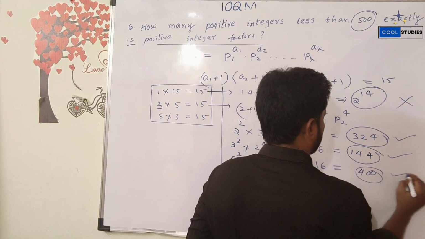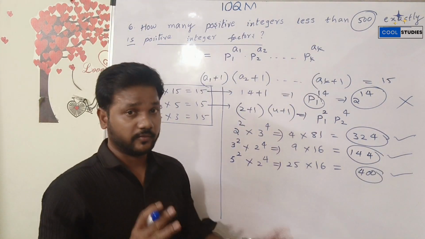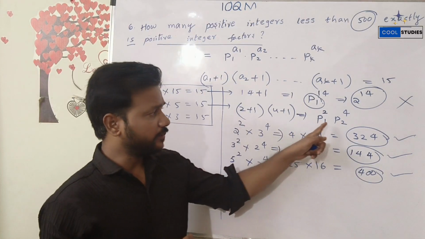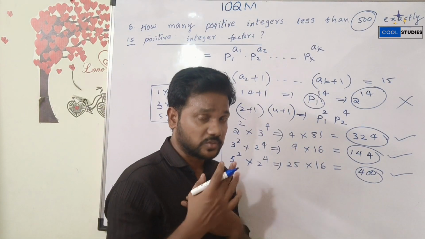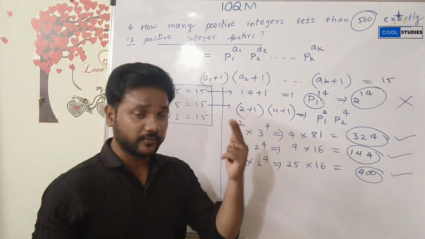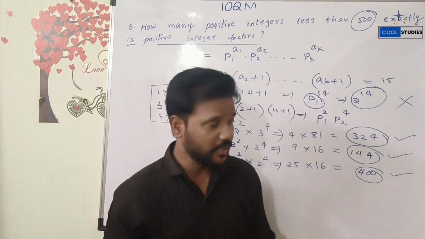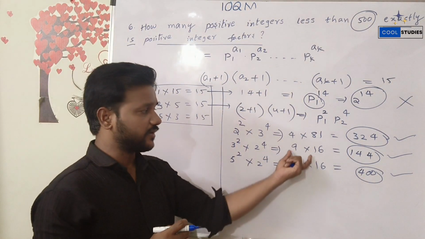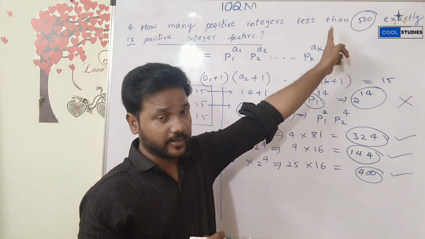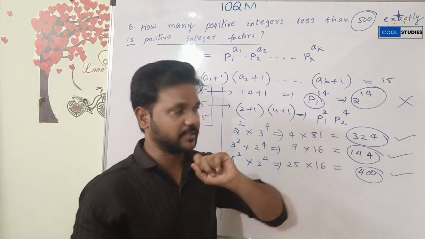So this is also possible. Once again, p1 and p2 are prime numbers, and we can substitute 2, 3, 5, 7, any prime numbers, but the product must be less than 500. Those are the only possible conditions.